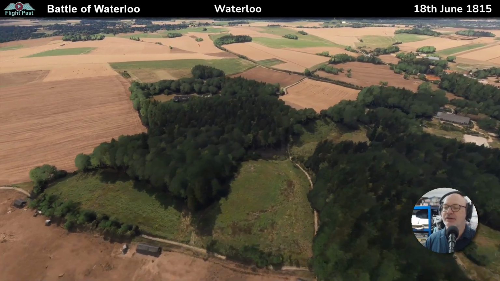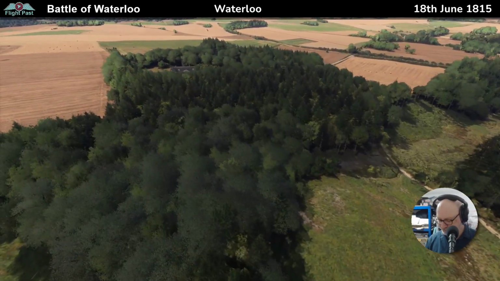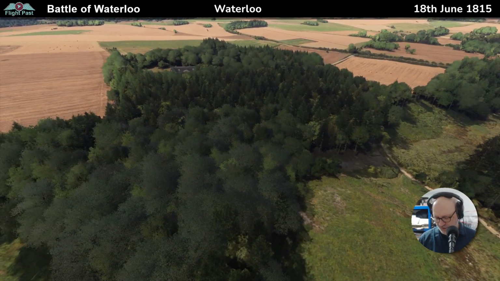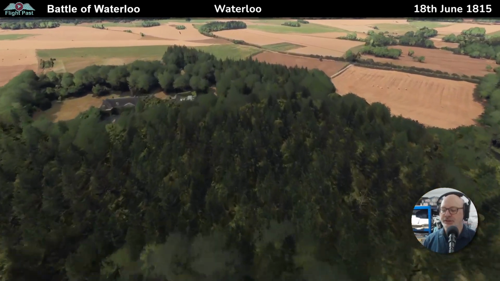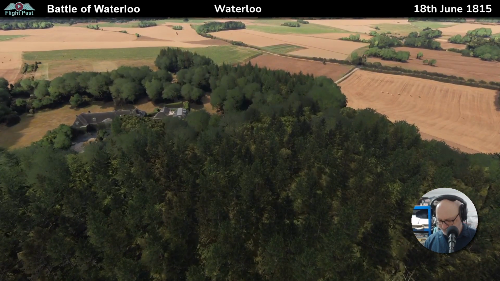And we have cavalry action in this area as well, the Prussian hussars throwing back a regiment of French cavalry. There's a lot of toing and froing going on here, counter-charging.